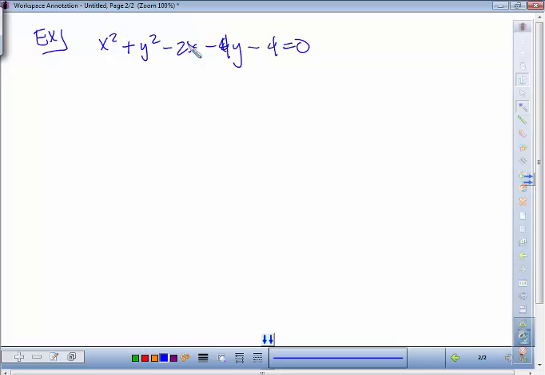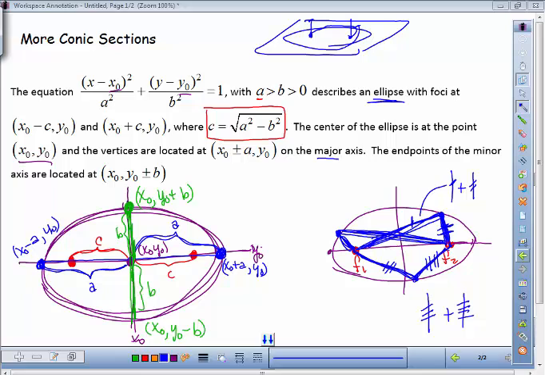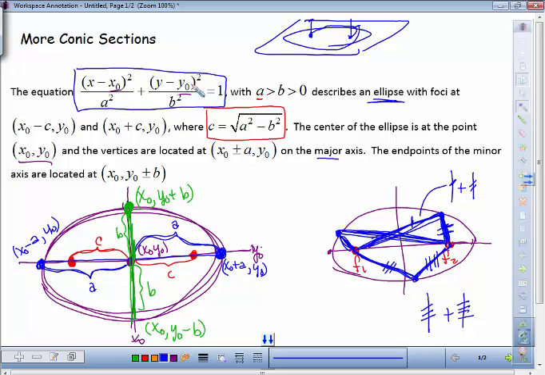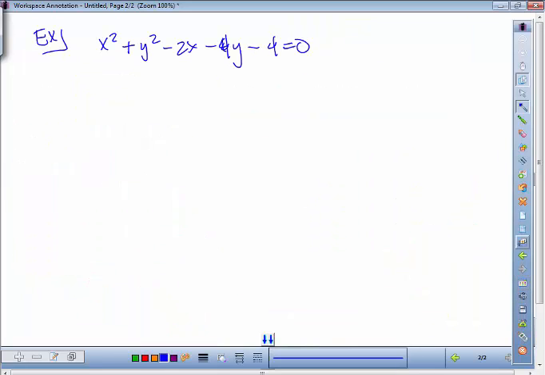What we want to do to make it look like an ellipse is make it look like this equation right here. So we want to complete a square, maybe 2, and we want the right-hand side to be equal to 1. Okay? So that's our task. In order to complete the square, I want to collect all the variables together, squared and non-squared.